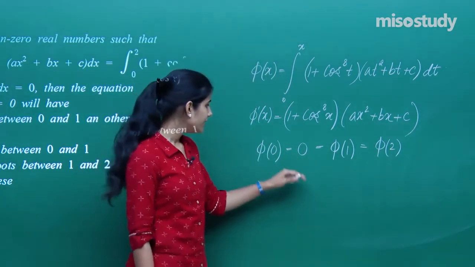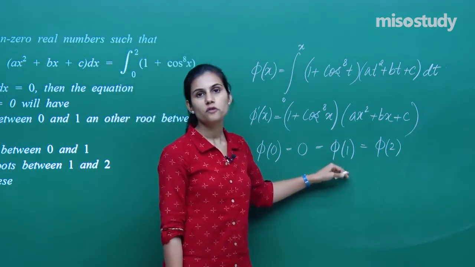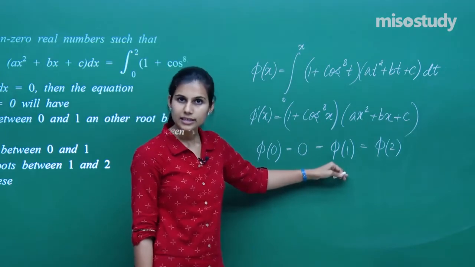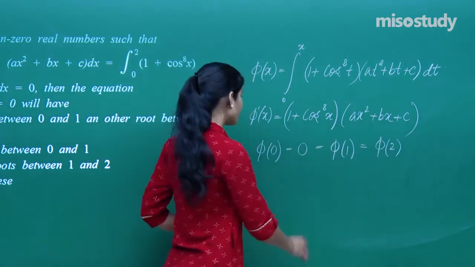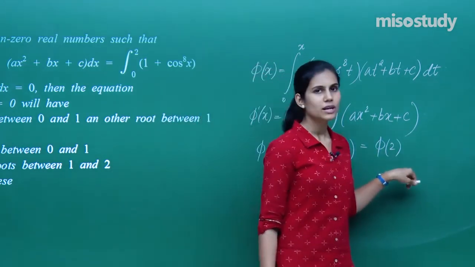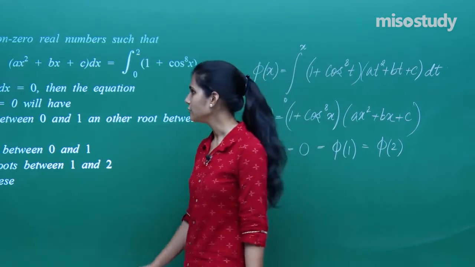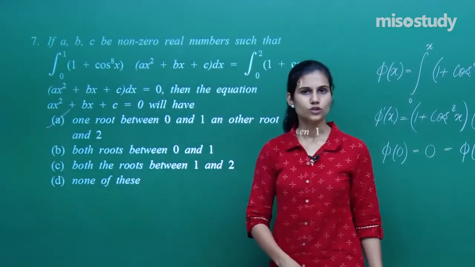Okay? Between any two zeros of phi will lie at least one root of phi dash. Is it understandable? And what is phi dash? This is phi dash. Clear? And therefore at least one root is going to lie between 0 and 1, and at least one root is going to lie between 1 and 2 of phi dash. So one root will lie between 0 and 1 and the other will lie between 1 and 2.